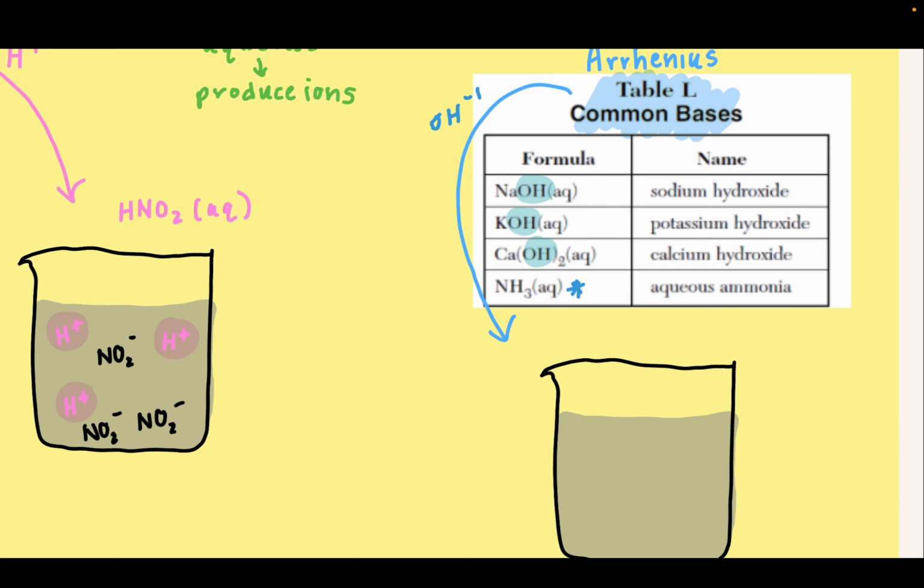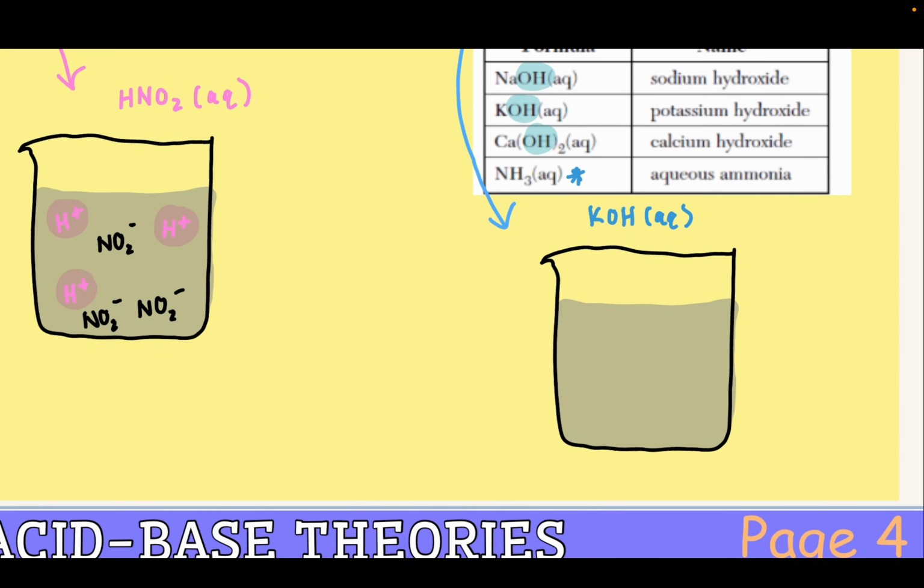If we take a different example, let's say KOH, and we dissolve that in water, it's going to release those hydroxide ions in solution, those OH minuses. And the other thing that the hydroxide is connected to will also be released. In this case, we get potassium ions. But what makes it a base is the fact that those hydroxides are released in that solution.